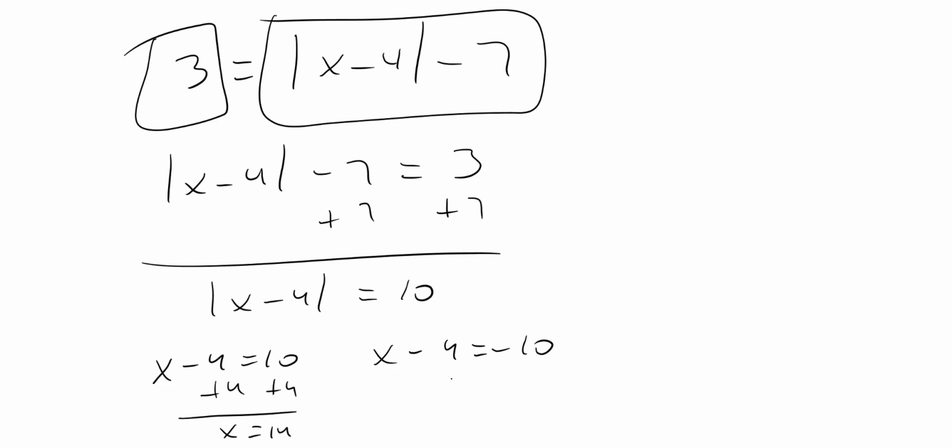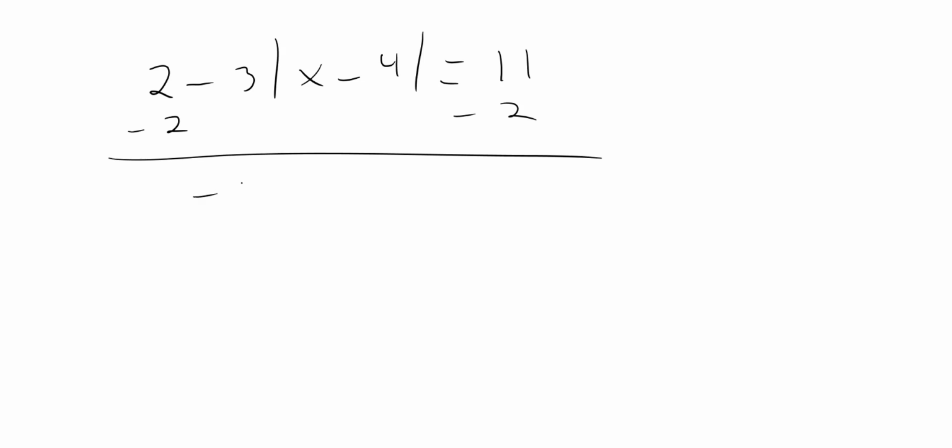X equals 14, and I add 4 here. X equals negative 6. Okay, those are your two answers. Right, it's not that bad, math fans. Okay, but you have to isolate the absolute value. Very, very important.